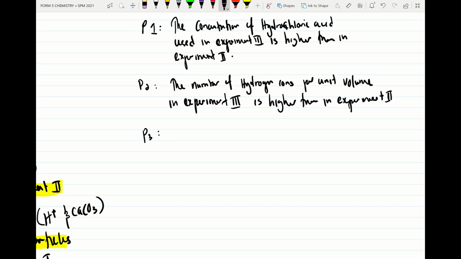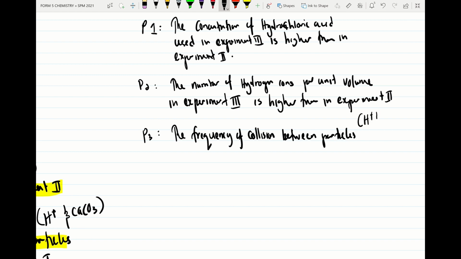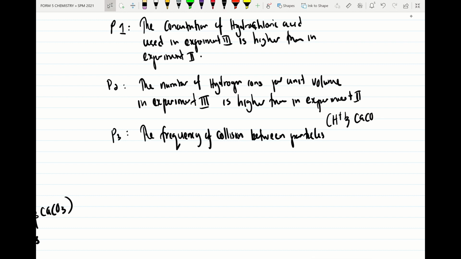All right, so we go for point number 3. We have to describe the collision theory, the frequency of collision between particles, or the student can name the particles, which are hydrogen ion and calcium carbonate. Particles in experiment 3 is higher or increases higher than in experiment 2.